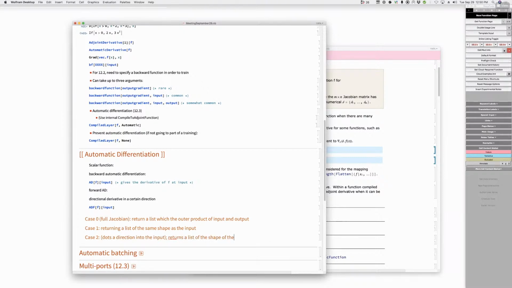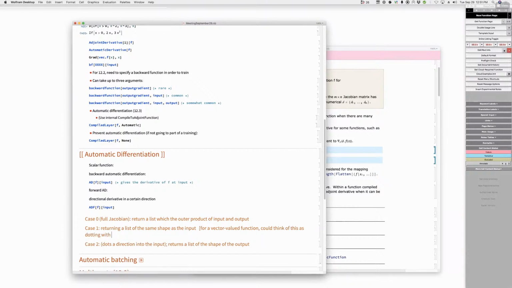And I assume case one is the same, but with the transpose of the Jacobian, and you dot on the other side, no? Well, for a vector valued function, we could think of this as dotting with a fixed vector against the output. Yes, right.